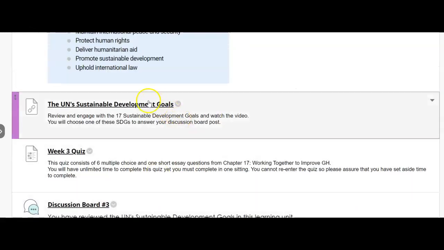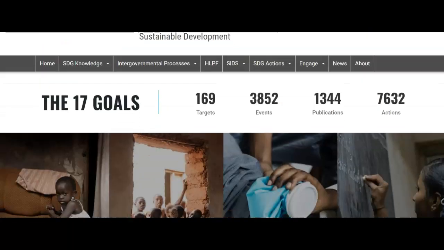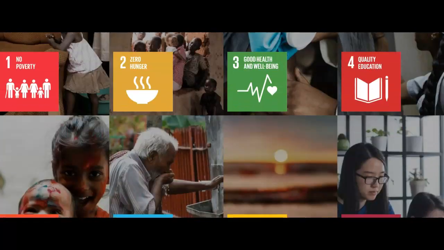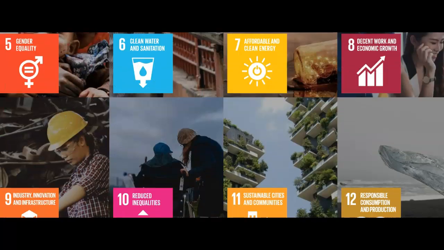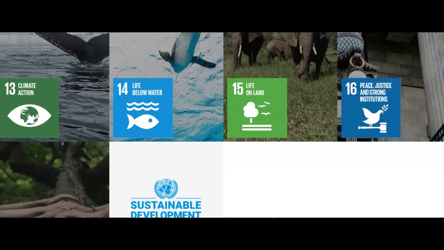So let's go back to the development goals of the United Nations. When you click on this, you're taken to the United Nations webpage, and you're going to be able to look at the 17 different goals. No poverty, zero hunger. You're going to be able to see all the different goals, all 17.